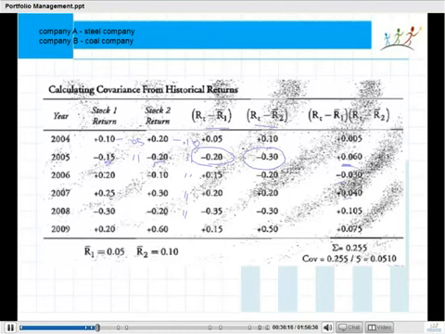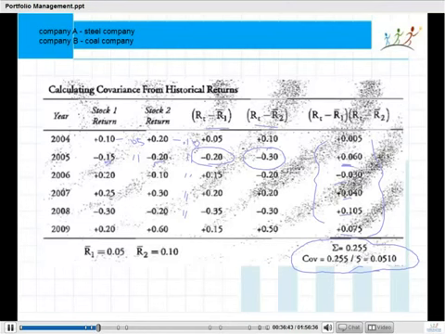So take the product of the deviations and then take the average. That is, sum all these up and divide by n minus 1 because the data is a sample. So the covariance comes out to be 0.0510. Now the covariance number has come out to be positive.